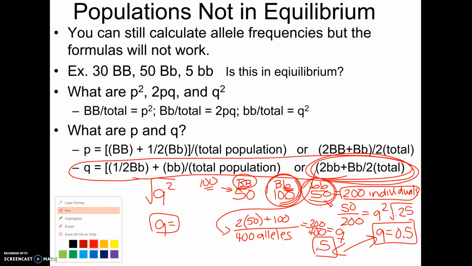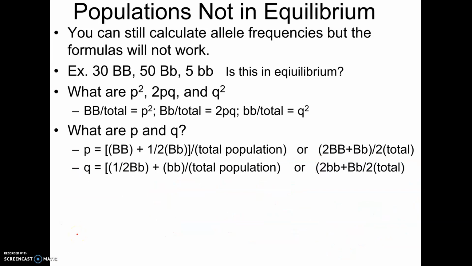So let's go back to this problem. If this population was in Hardy-Weinberg equilibrium, then p squared is going to be 30 over 85. Why 85? There are a total of 85 individuals here.